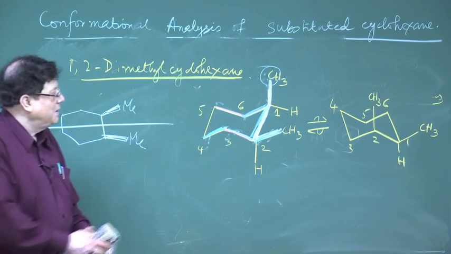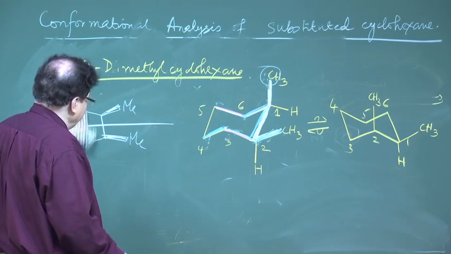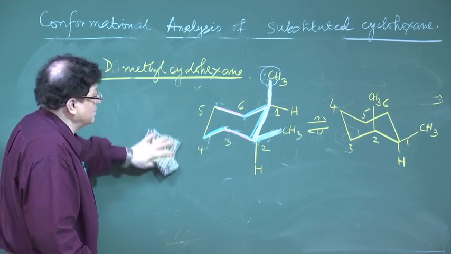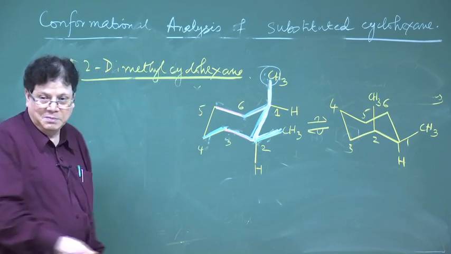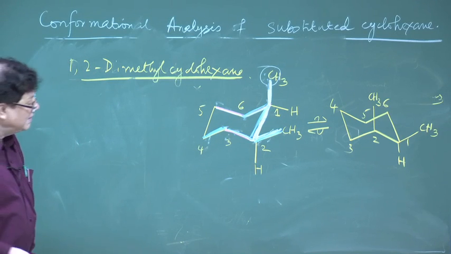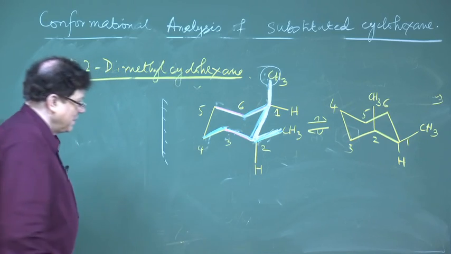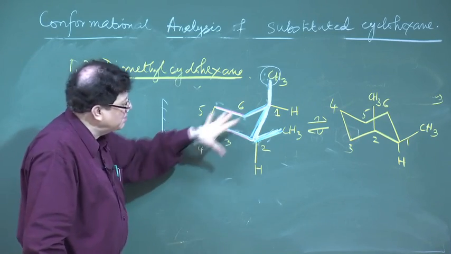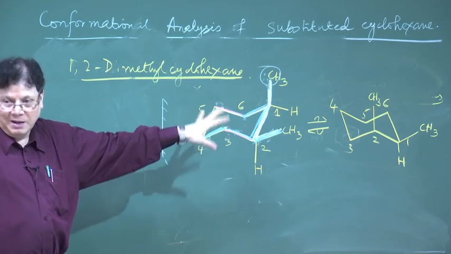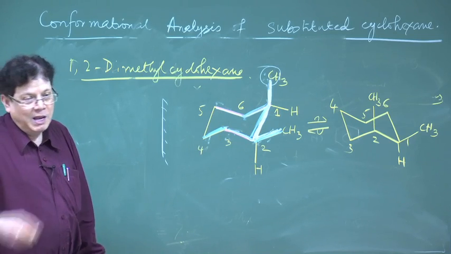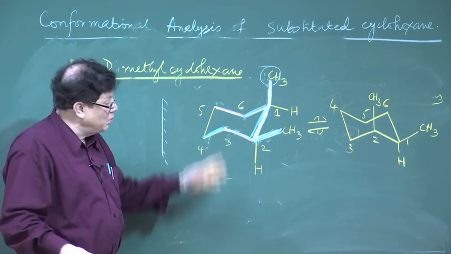So, this plane of symmetry is gone. So, the question is, now is it chiral? How to answer that? You draw the mirror image of this, because it will be difficult to inspect all sorts of symmetry elements in this type of system, and you may miss a symmetry element by doing so.